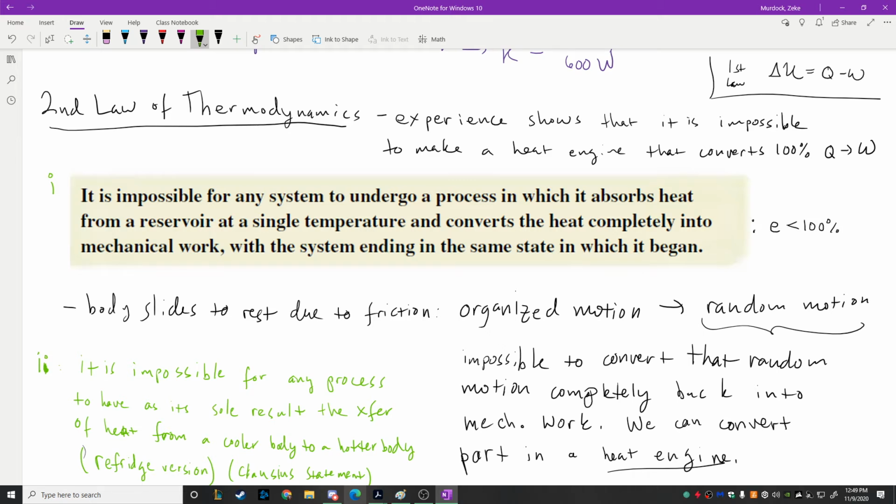Its sole result. So why does the refrigerator not violate this version of the law? Yeah, because work is done, right? This one basically says, I mean, this is a complicated way of saying heat never flows from cold to hot.